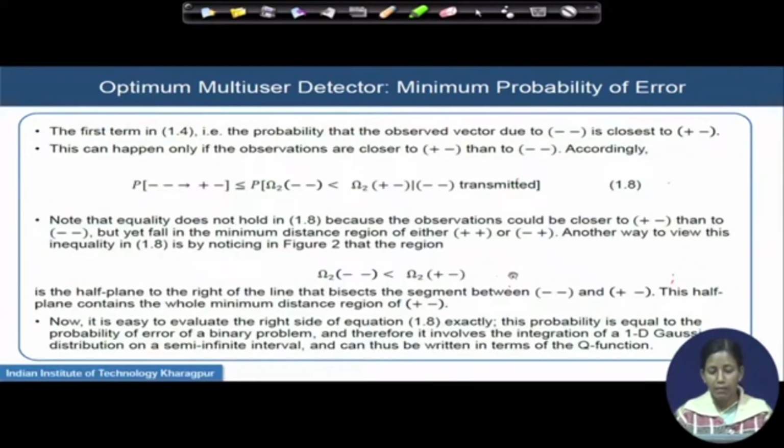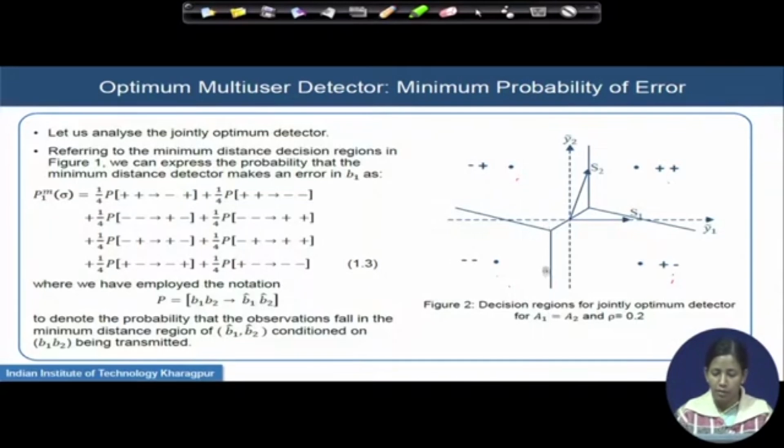That can happen only if the observations are very close to plus minus rather than minus minus, because it is a minimum distance decision region based detector, so it tries to find out where the distance is minimum.